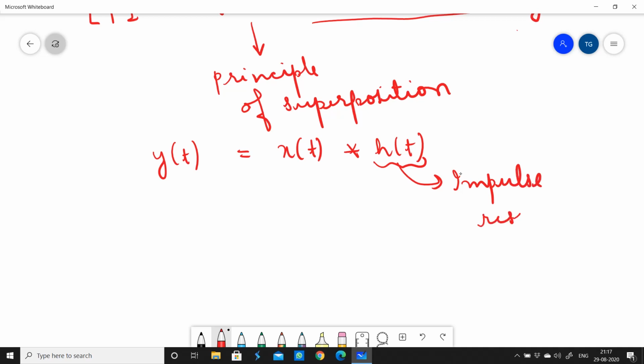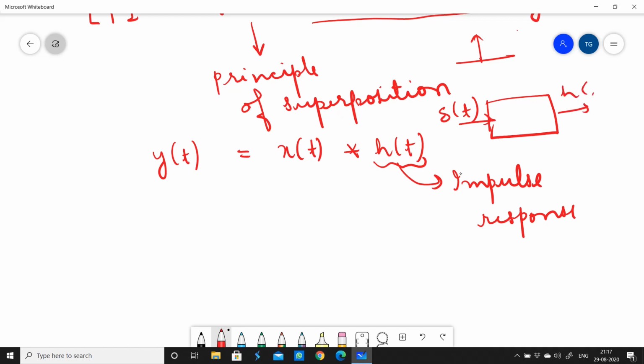So when we supply impulse sequence, this is my system. So when I supply here delta of t, that is the impulse, to the system, then it will generate h of t. So whatever the value of h of t is, that is nothing but system's response. So it is the transfer function of the system. So this is nothing but h of t.